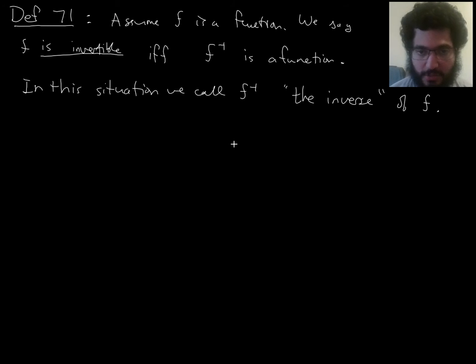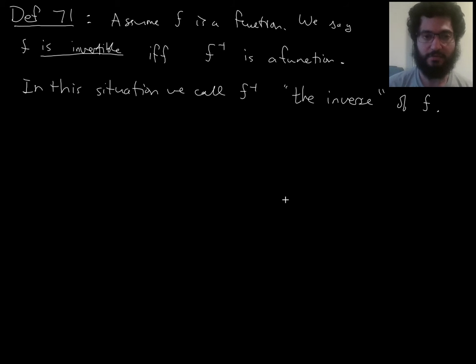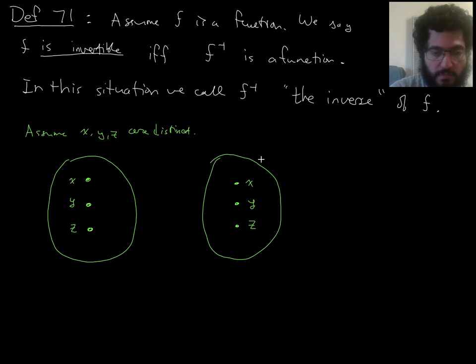Okay, so this is the situation where I feel more comfortable writing it as f to the negative 1 power, because now it matches up with the algebra way of denoting things. Okay, let's think about this visually a little bit. Assume x, y, and z are distinct, and let's say capital X is the set consisting of x, y, and z.